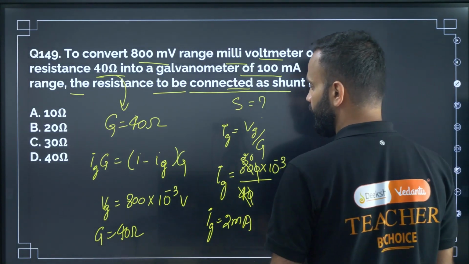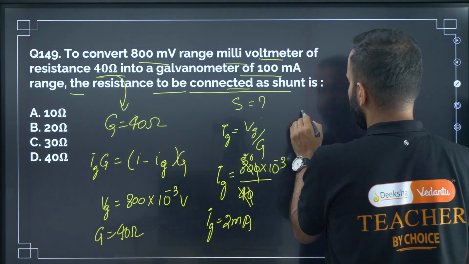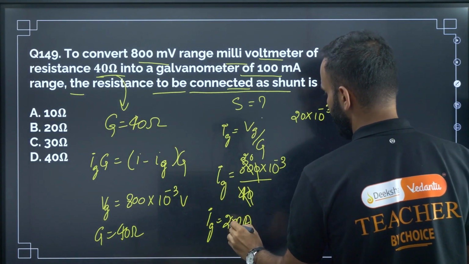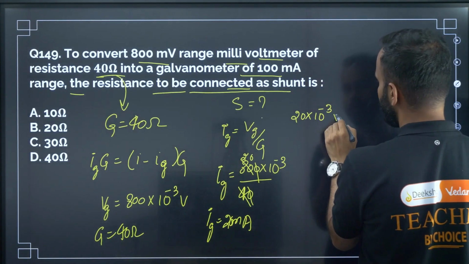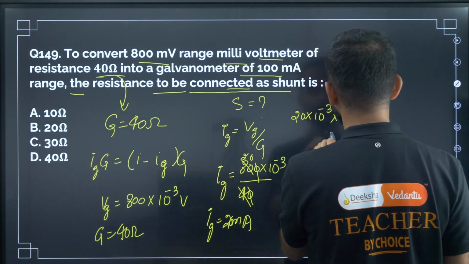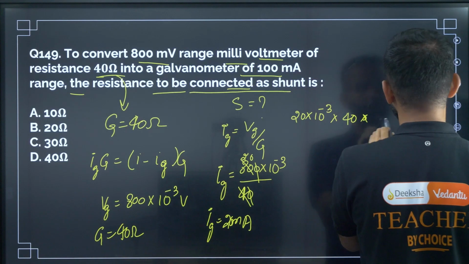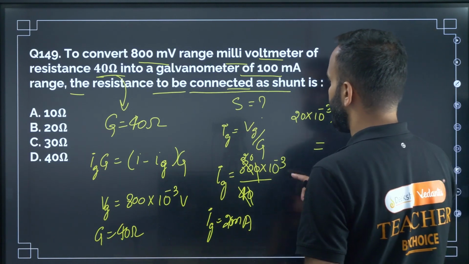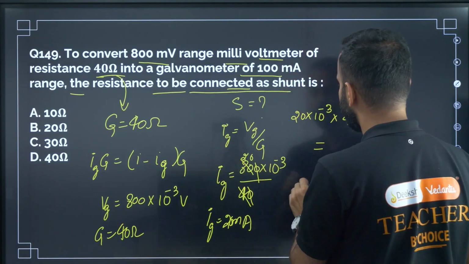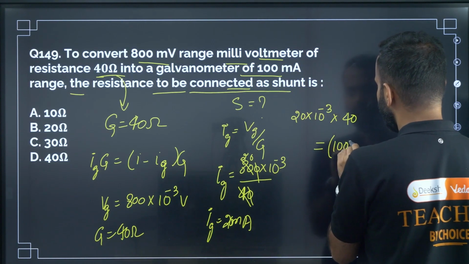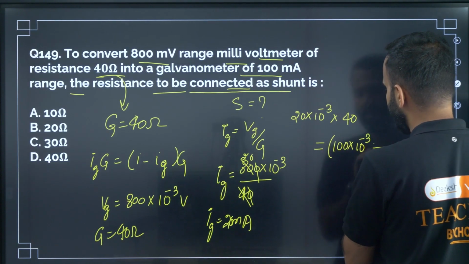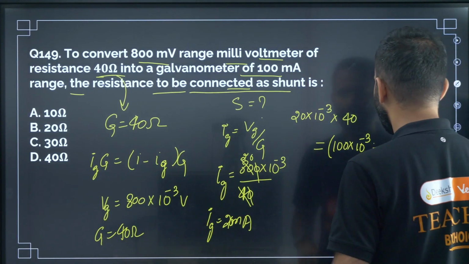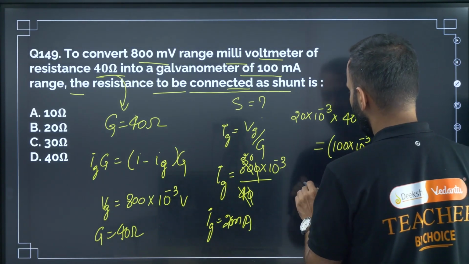So here Ig, that is 20 into 10 to the power minus 3, into G, which is 40 ohm, is equal to I minus Ig into S. I is 100 into 10 to the power minus 3, minus Ig, 20 into 10 to the power minus 3, into S, right? 100 minus 20 is 80. 40 into 20 is 800.